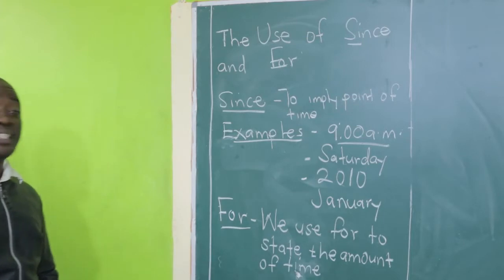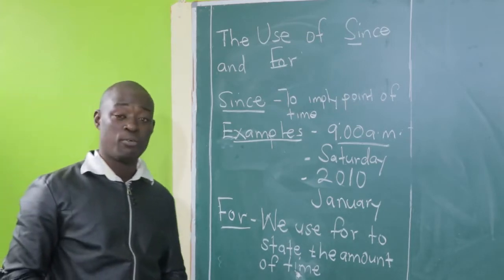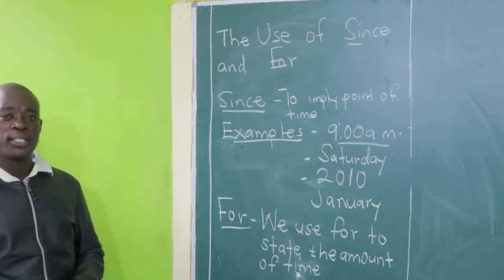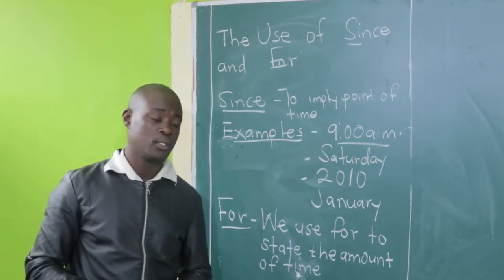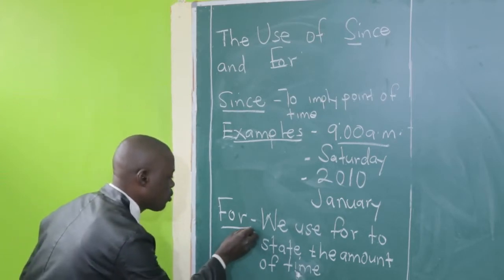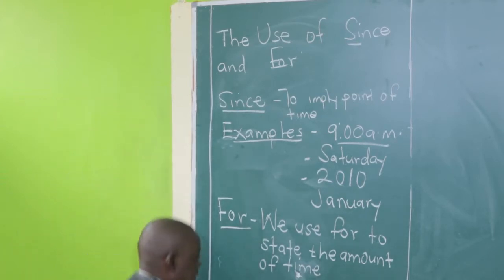We use for to state the amount of time. In other words, we use for to talk about the duration, how much an action has been performed. And we have examples on which we use for, as in here below.